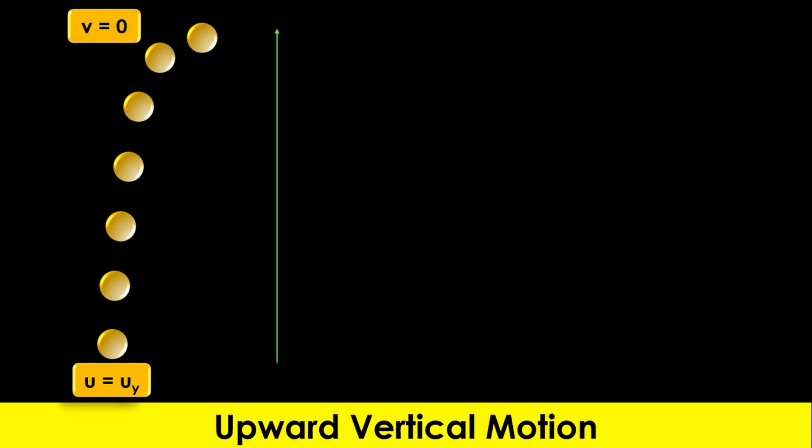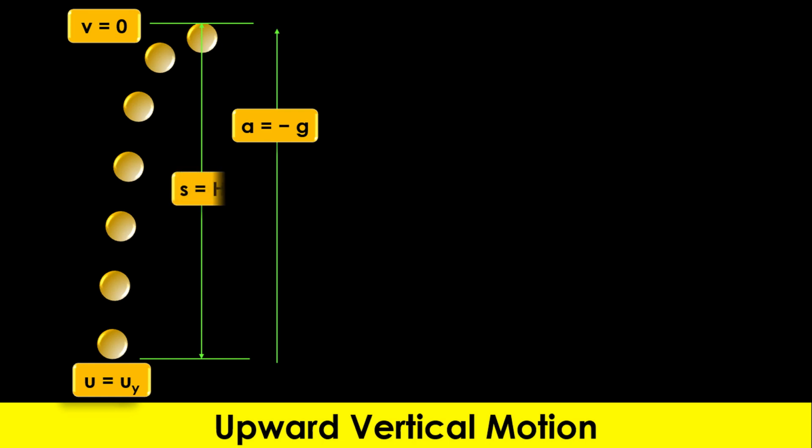Since it goes upwards, it undergoes a retardation or deceleration, because it is moving in an opposite direction to the force of gravity. So its acceleration a will be equal to negative g, and the time it will take to reach its maximum height will be t. Remember, its maximum height H is equivalent to the distance s covered in the upward motion.